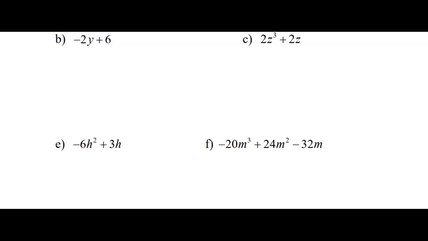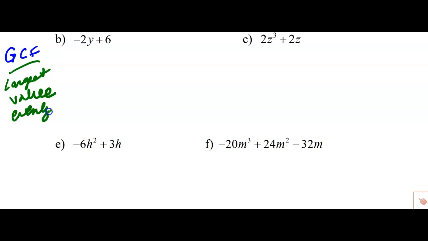Okay, so today we're discussing how to find a greatest common factor, usually called the GCF. What that means is the largest value evenly divisible into all terms.